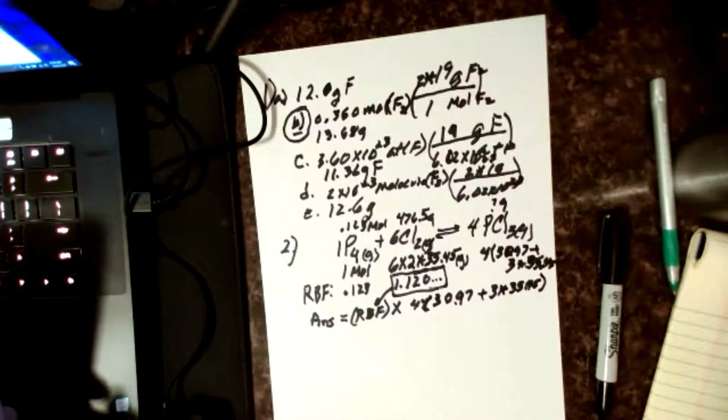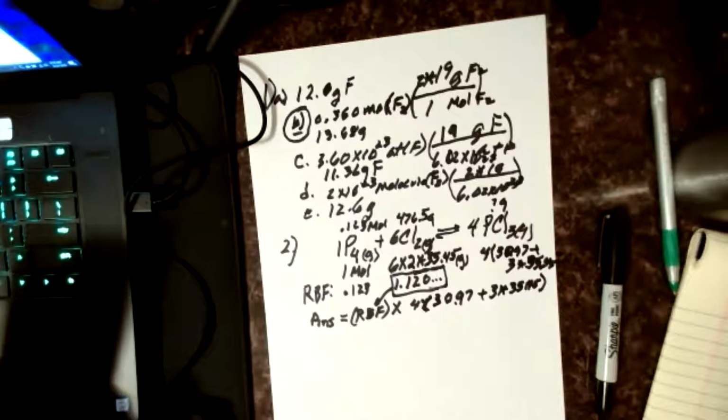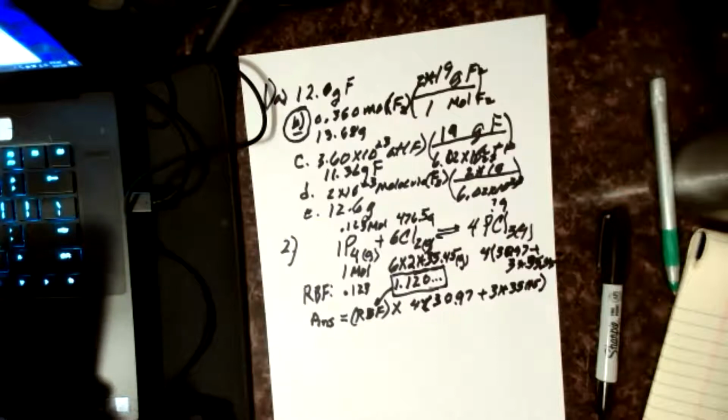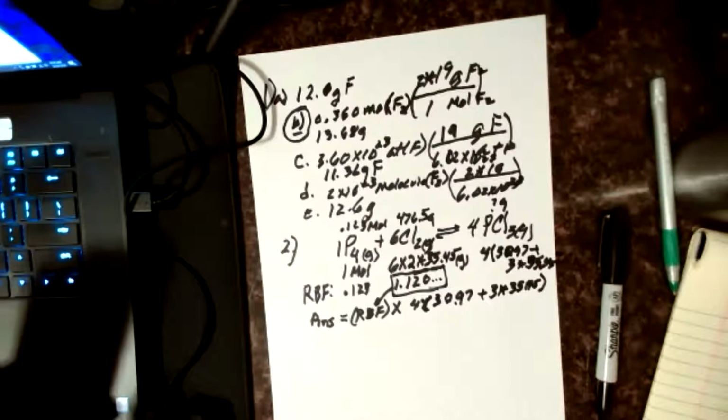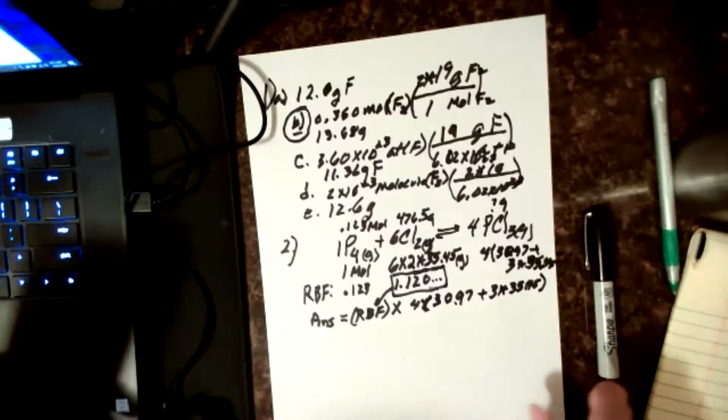So it's 0.123 times 4 times left parenthesis 30.97 plus 3 times 35.45. Now, that does look a little better, although I'm still off a little bit.